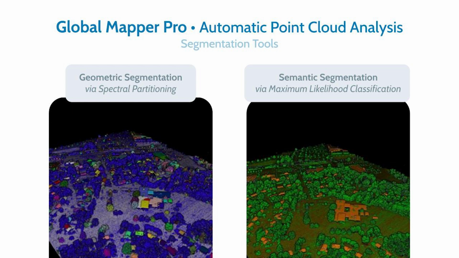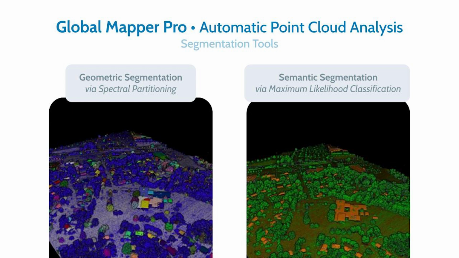So the two relevant, I would say, machine learning components in point cloud analysis are geometric segmentation and semantic segmentation. So geometric segmentation is effectively the segmentation of a 3D point cloud. Sometimes you may hear that called spectral partitioning.